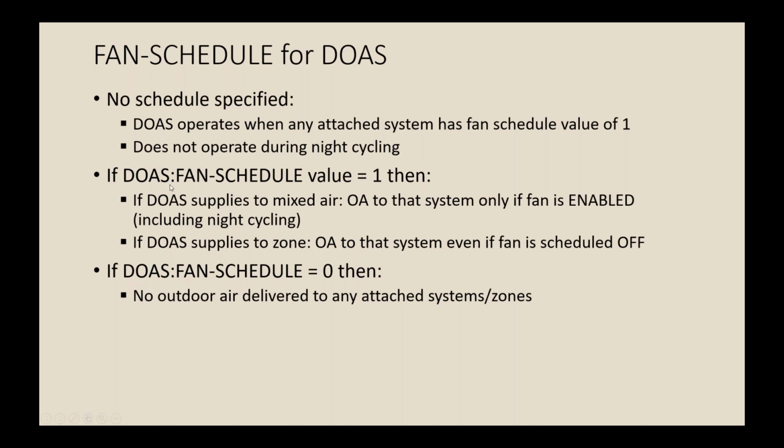As an alternative control strategy, you can actually specify a fan schedule for the DOAS itself. And if it has a value of 1, then the DOAS will supply, depending on how it's attached to the zone, to the served systems. If it's supplied to the mixed air, then outside air will only be delivered to that system if the fan of that system is enabled, and that includes night cycling.